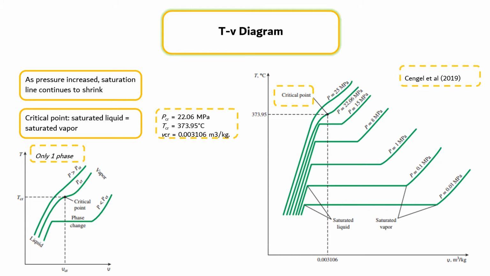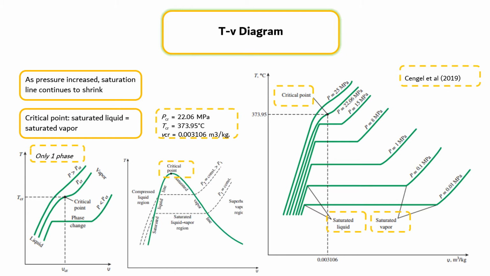The saturated liquid states in the figure can be connected by the saturated liquid line, and saturated vapor states in the same figure can be connected by another line called the saturated vapor line. These two lines meet at the critical point, forming a dome as shown in the middle figure. All the compressed liquid states are located in the region to the left of the saturated liquid line, called the compressed liquid region.